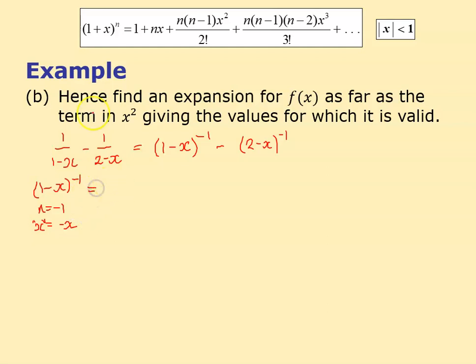So chuck it into my formula up here. I get 1 plus minus 1 times minus x. That was easy enough. And then my next term is plus minus 1, take away another one, minus 2 over 2 factorial times by the minus x squared.